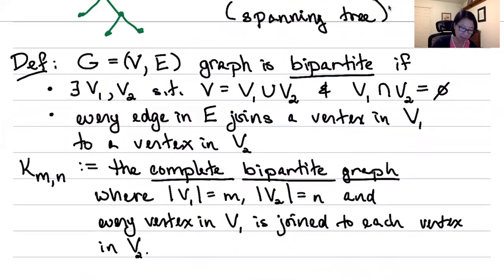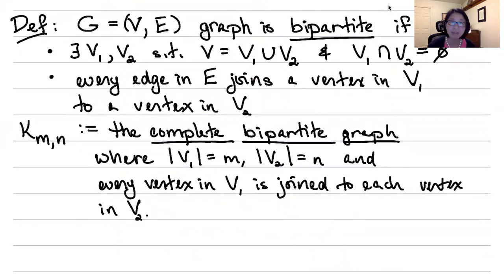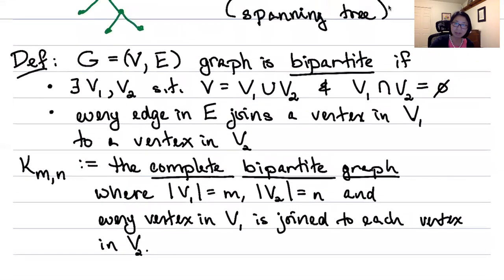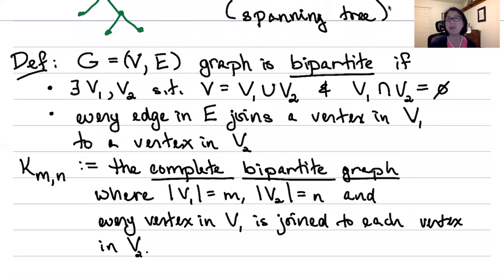So here's the definition. A graph is bipartite if there exist sets V1 and V2 that partition the vertex set. So the vertex set V is the union of the two sets V1 and V2, and V1 and V2 have no overlap, so their intersection is the empty set.